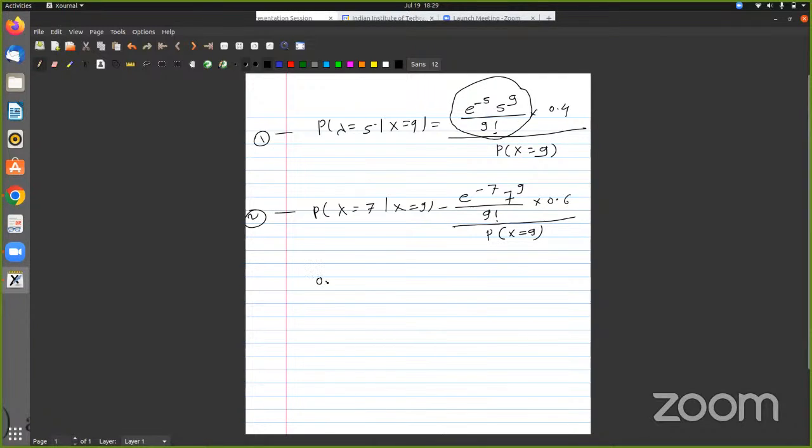Okay, the numerator is 0.014, divided by the probability that x equals 9, right? Whatever value it is, some constant value will be there, right? That is true. For this second equation, what is the value of this entire thing?